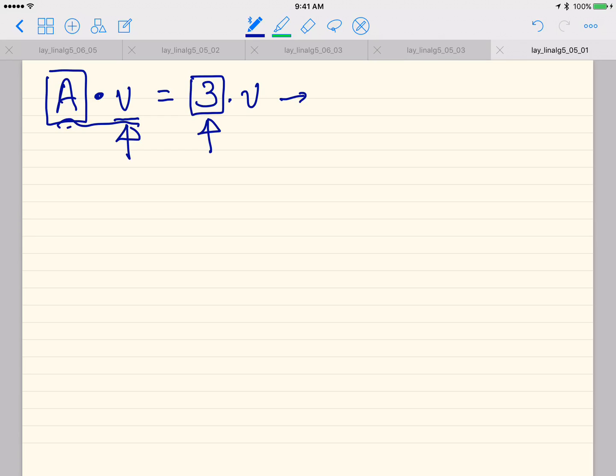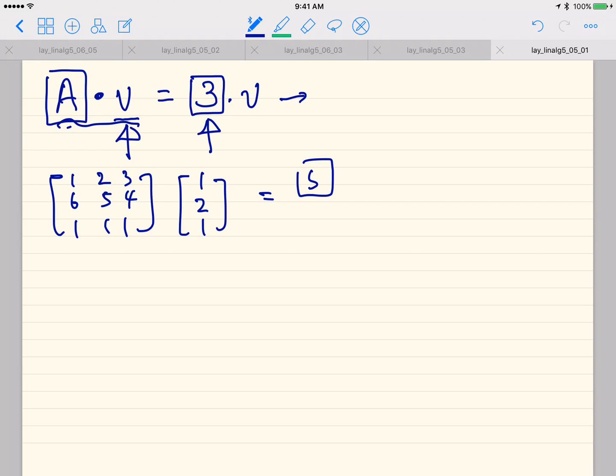Suppose A equals 1, 2, 3, 6, 4, 5, maybe 1, 1, 1. Let's think about this matrix. And suppose A times the vector 1, 2, 1 happened to be the same as 5 times 1, 2, 1.